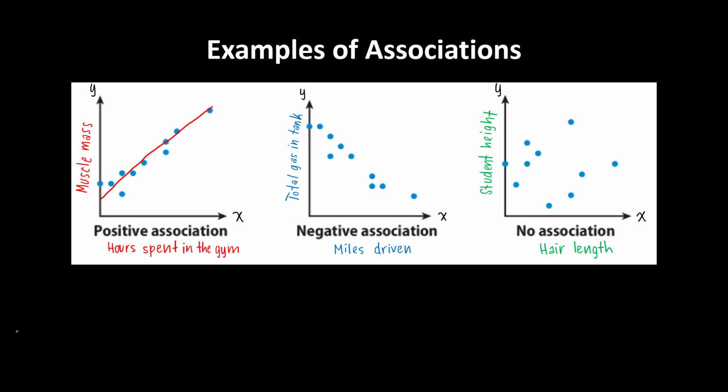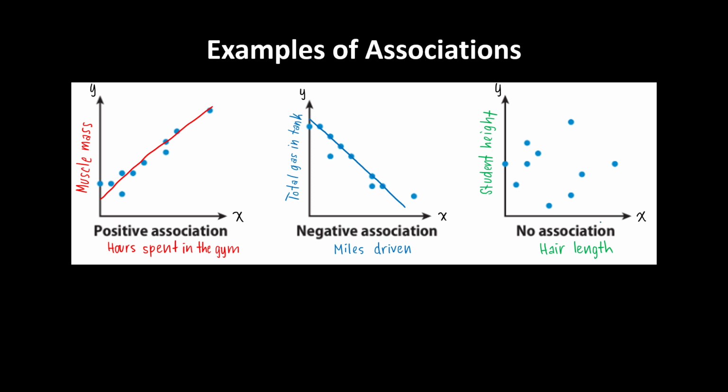In a negative association, here's another example. We're looking at the miles driven in a car versus the total gas in the car's tank. As the miles you drive increases, the gas in your tank decreases.